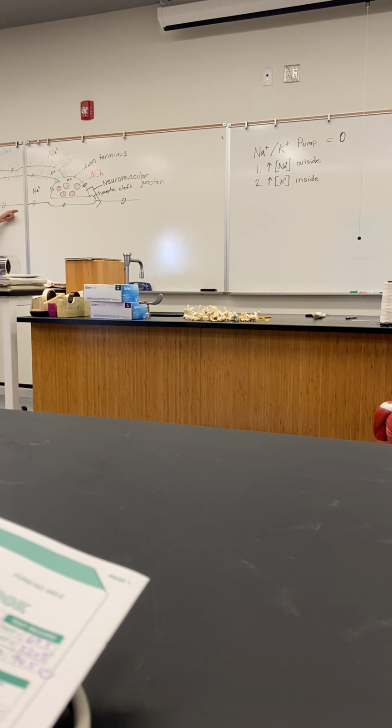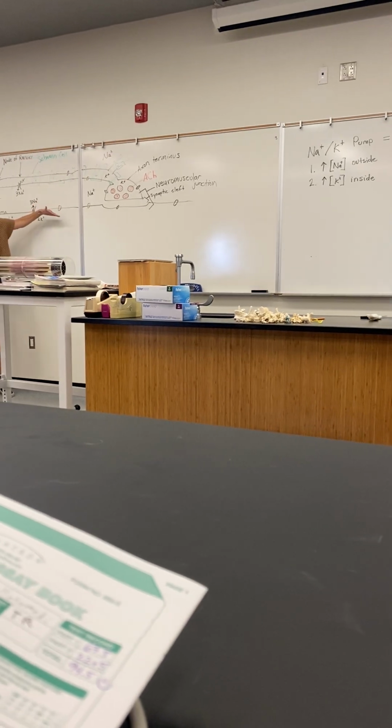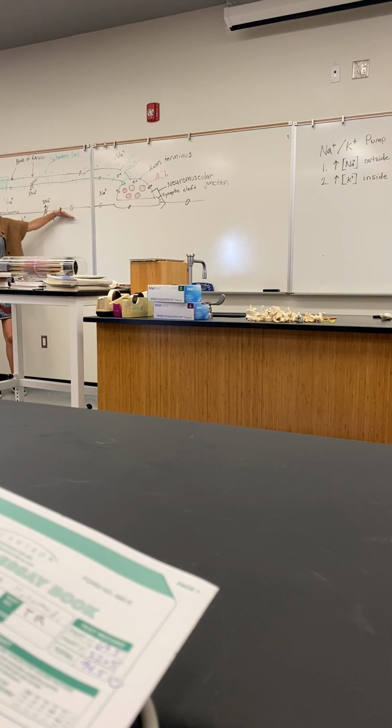Another way to describe something as less positive is to say that it's relatively negative. We use this term relative because it's not like the inside of the cell is absolutely negative. There's no negative ions involved here. But relative to the outside of the cell, it's less positive. Another way of saying less positive is more negative.